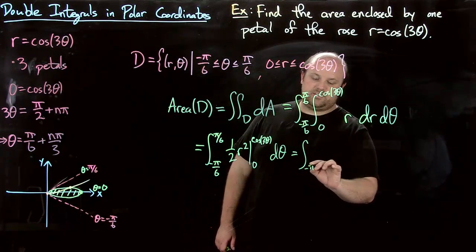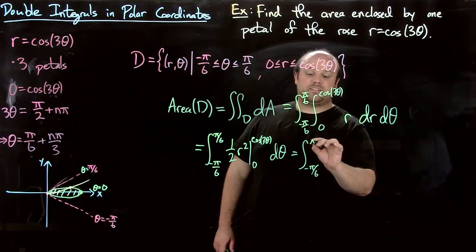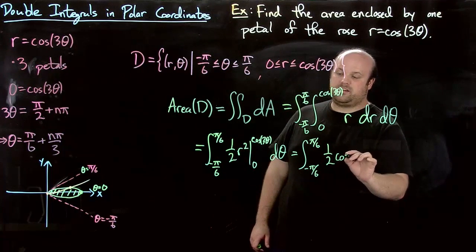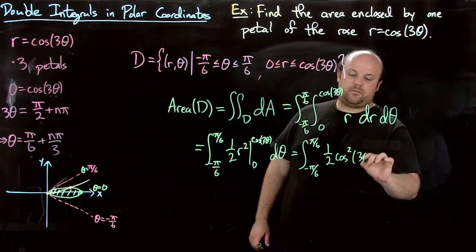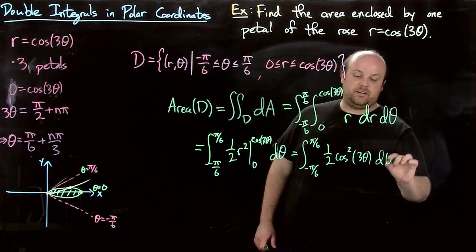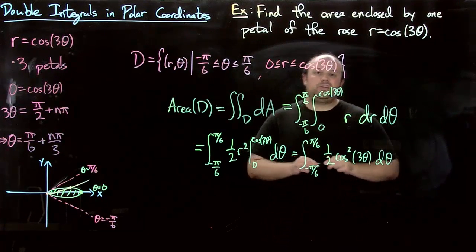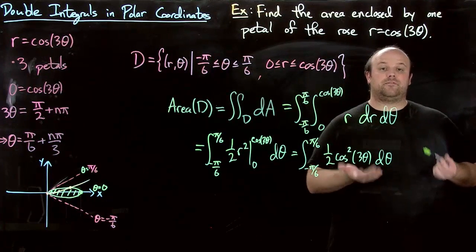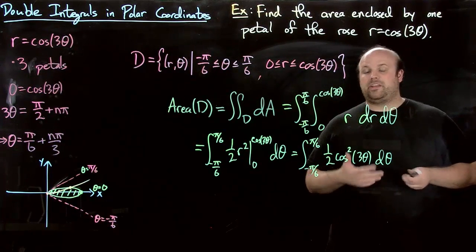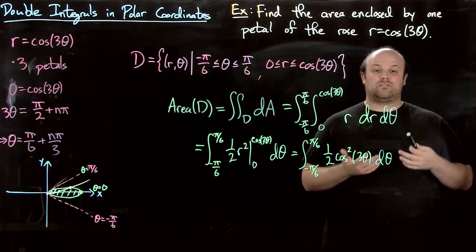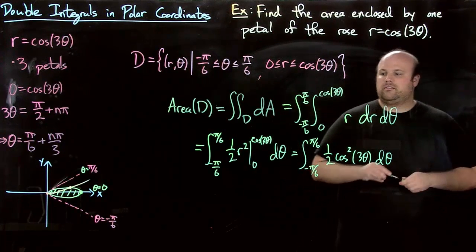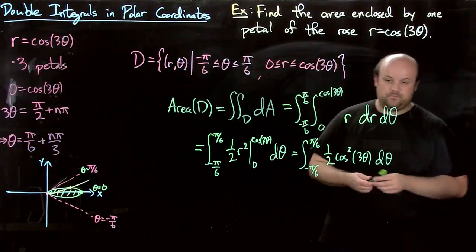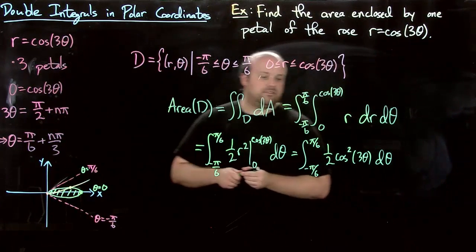So this is just the integral from minus pi over 6 to pi over 6 of 1/2 cosine squared 3 theta, d theta. And you might remember this from Calc 2: you'd integrate 1/2 r squared d theta. But notice we kind of just picked that up for free. So now just finish up this integral.